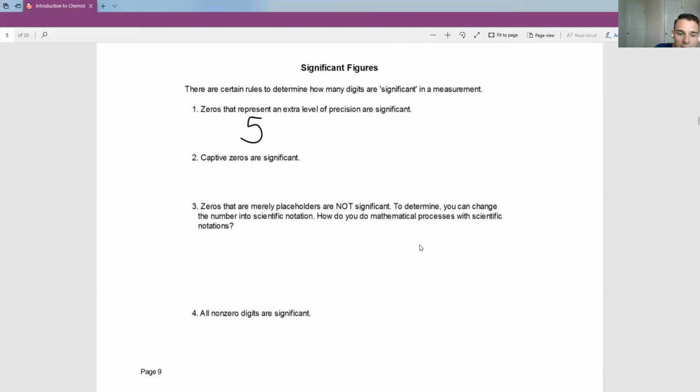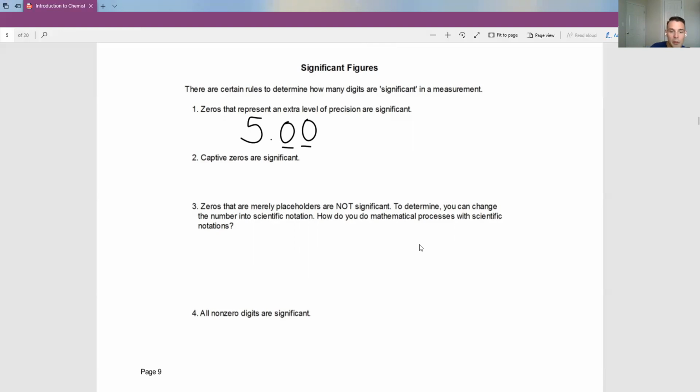So if I wrote 5, and then I added a decimal and added a 0 and a 0, those zeros show precision because it's not just 5, it's 5.00. So you're that much closer to the actual answer. And both those zeros would be significant because they're showing an extra level of precision.